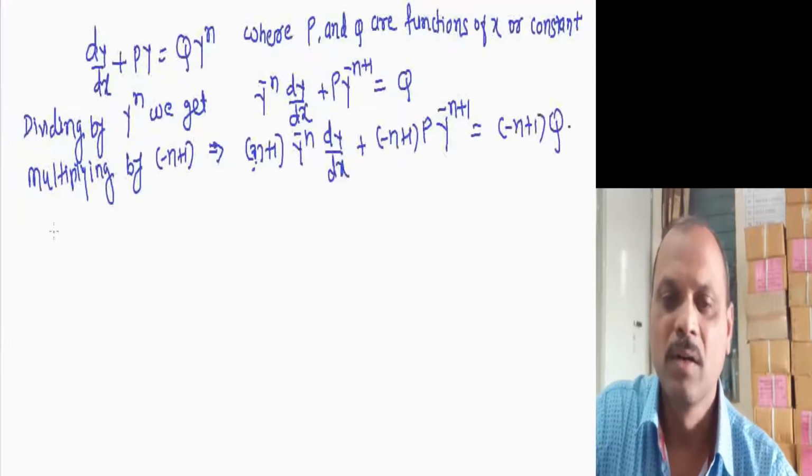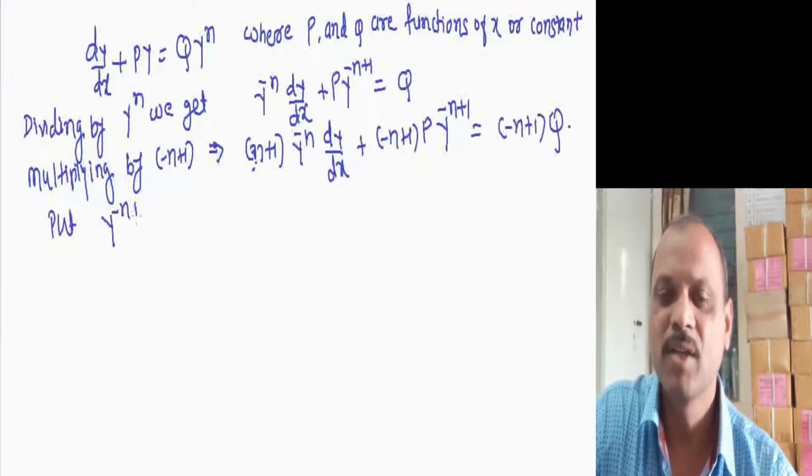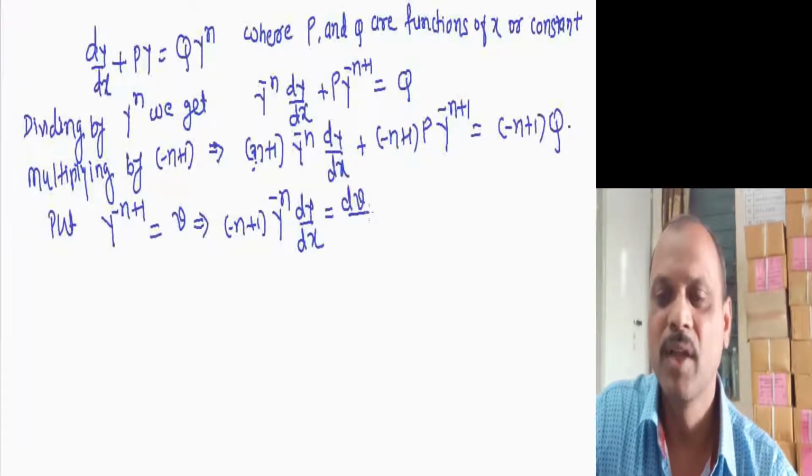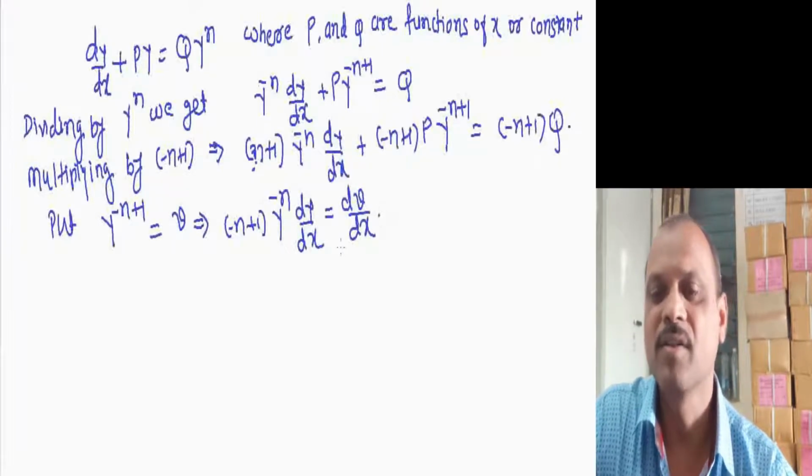Now next we put y raised to minus n plus 1 equal to v. Then you can see that the derivative of this term, minus n plus 1 into y raised to minus n into dy by dx, equals dv by dx.